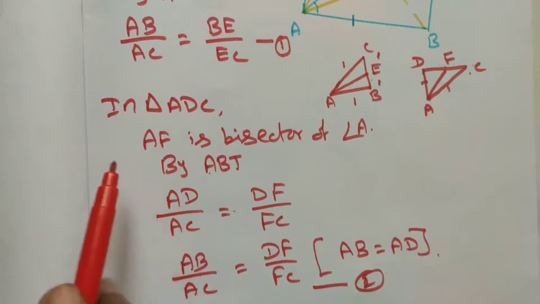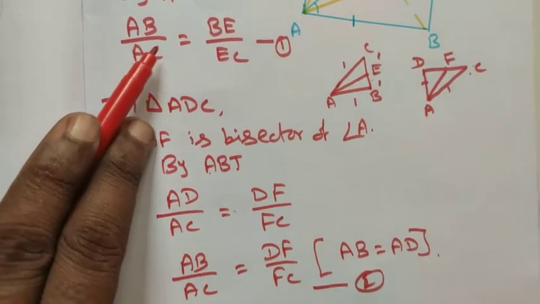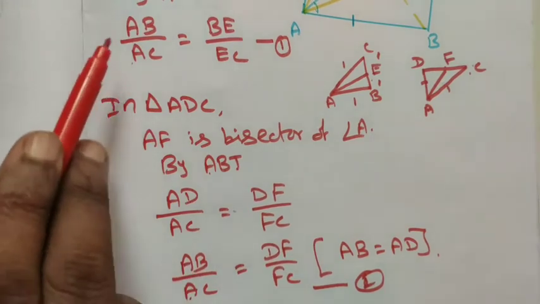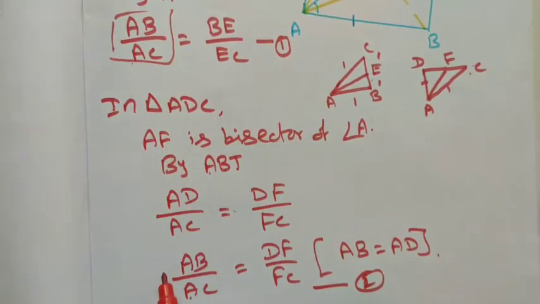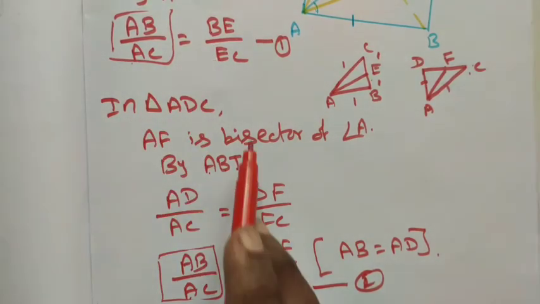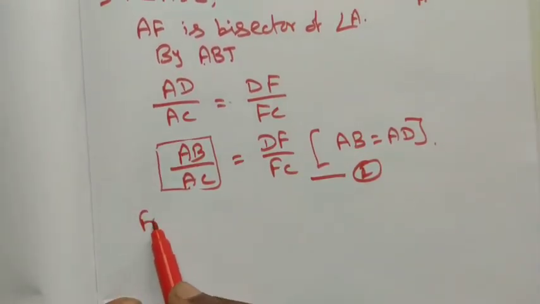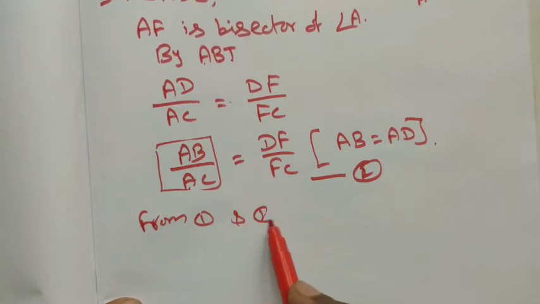Now see the first and second equations. AB divided by AC is equal to BE divided by EC, and here also we have AB divided by AC. So the left-hand sides of both equations are equal, and we can take it as BE divided by EC is equal to DF divided by FC, from equations 1 and 2.